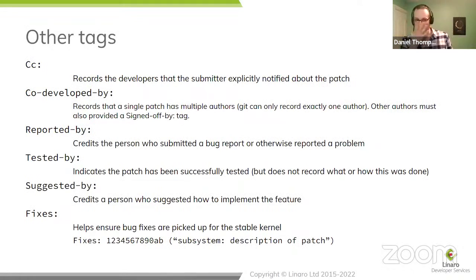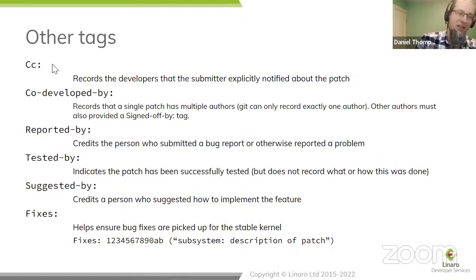There are a wide collection of other tags. These are some of the most important. So CC is a tag that you can put into the version control system to formally record that a particular developer or maintainer was notified about the patch. This is common if you want to send in large changes that maybe change the asm-generic directory, which impacts a lot of architectures and often leads you to have to send emails to a very wide range of people.